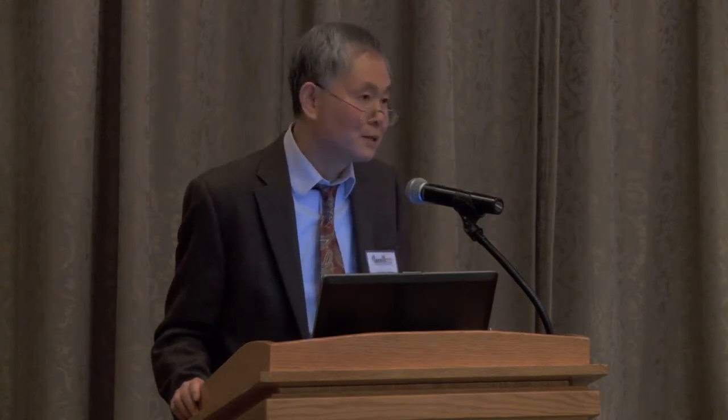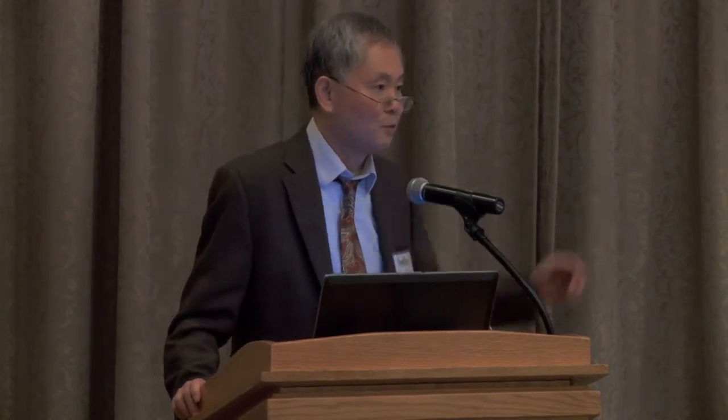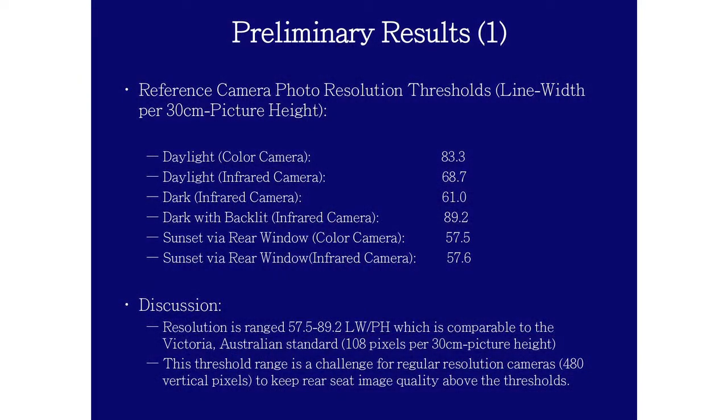So their pixel count is higher than our line width, but you have to consider the lens loss and the compression loss. Everything considered, the real line width must be lower than 108. So this threshold range is a challenge for the regular resolution camera, I mean regular resolution is 480 vertical pixels. It's very difficult for these cameras to keep the real image clear.